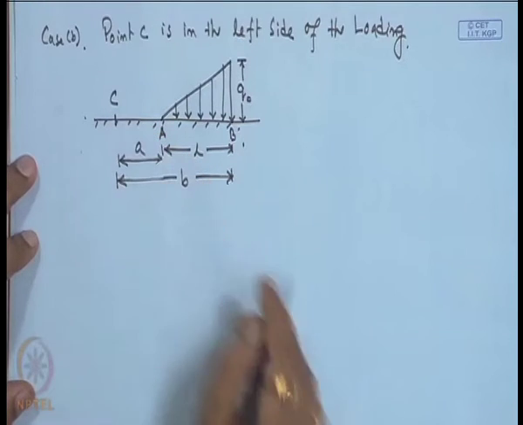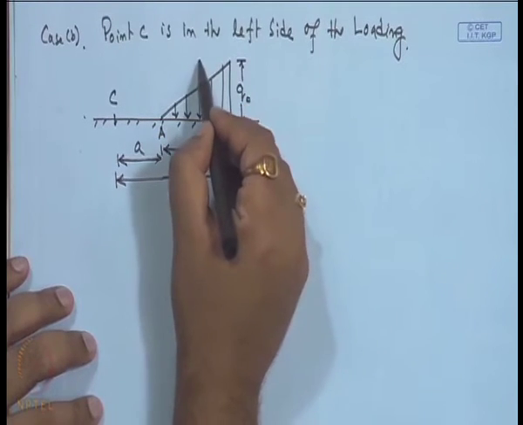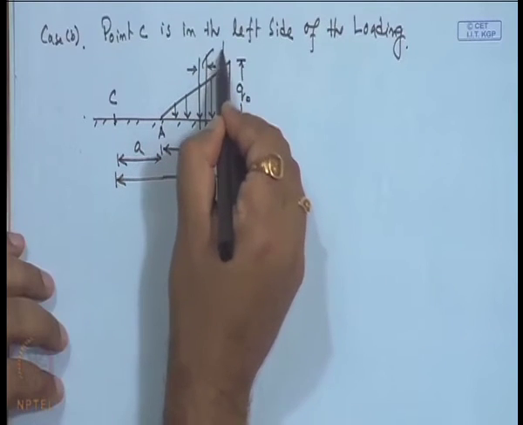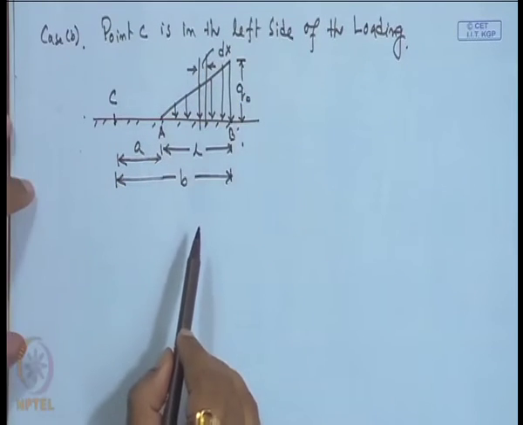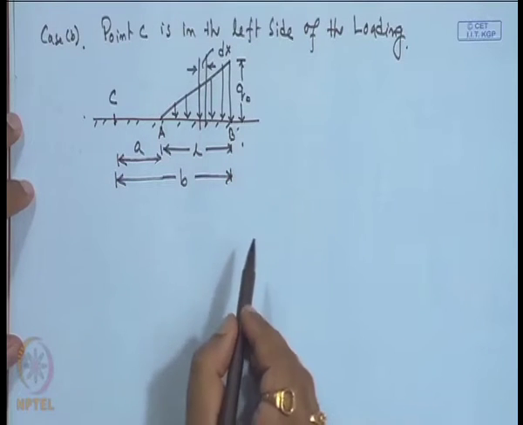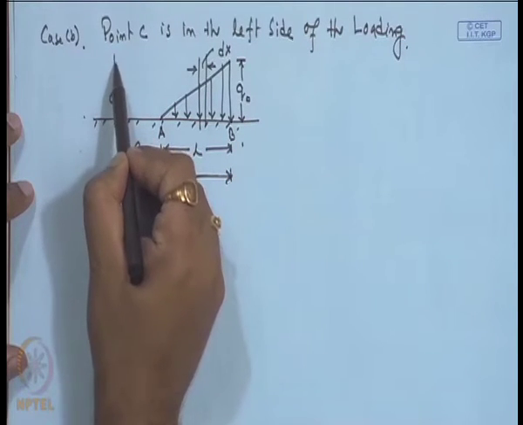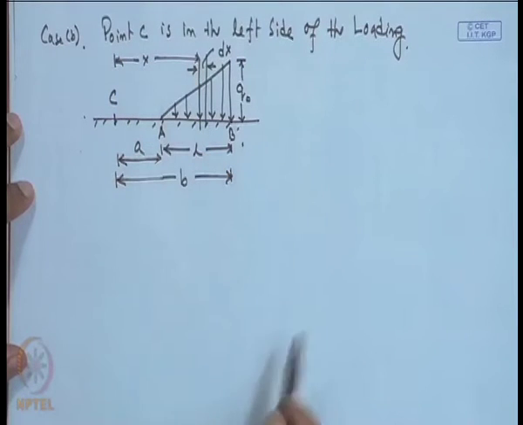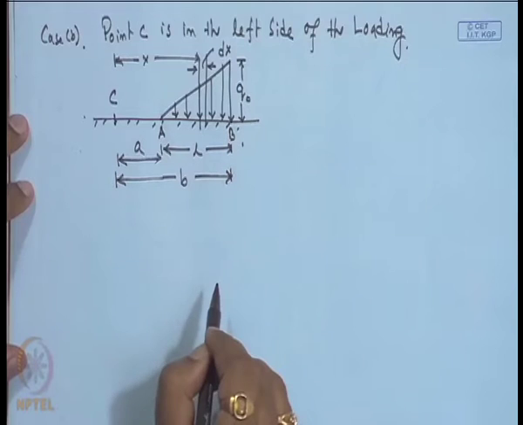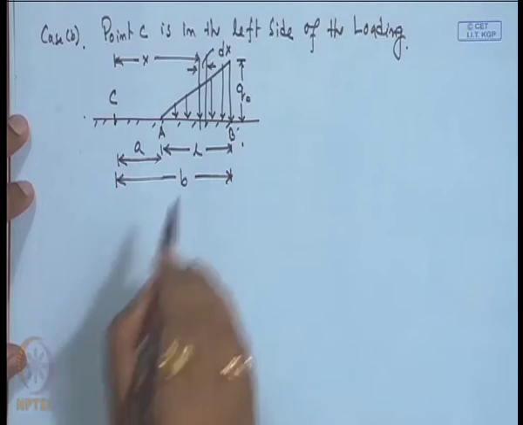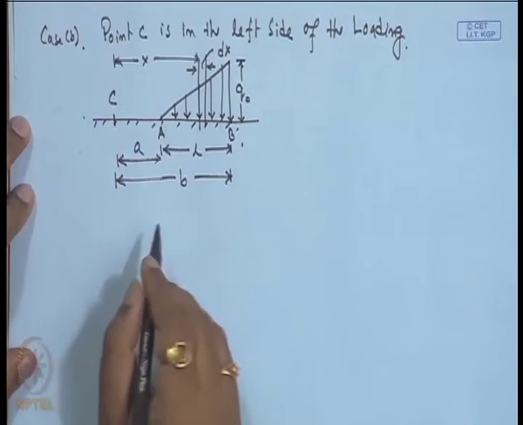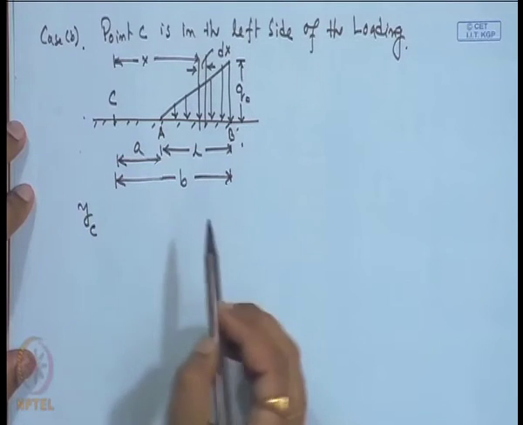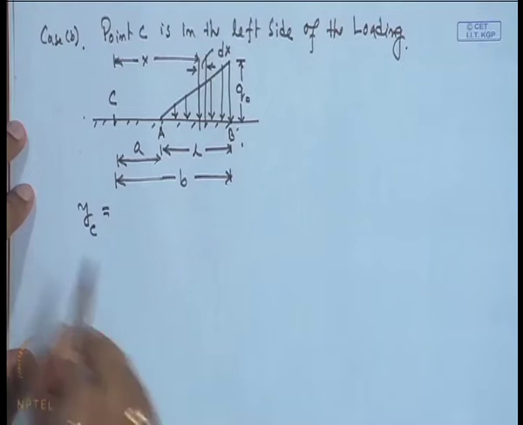And similarly, here also we have to take a small segment dx, and depending upon the position of this dx, that will be the distance x from the C point. Then we put the value in the expression, and after integrating we will get the final form of the deflection.